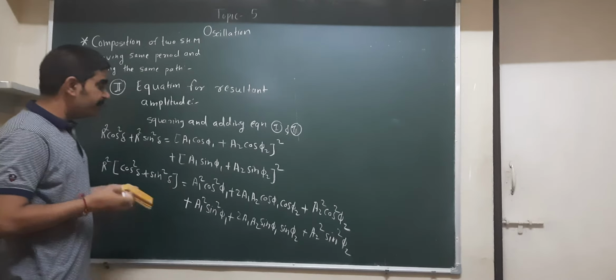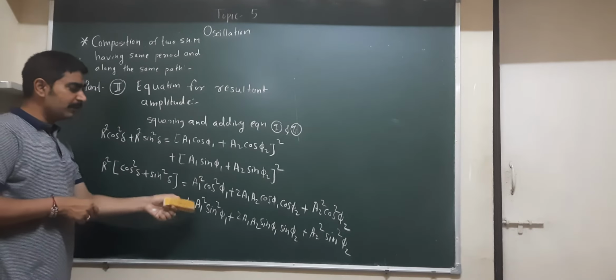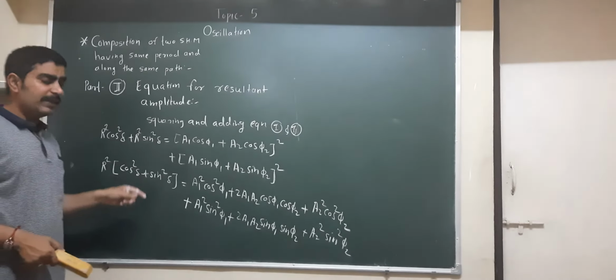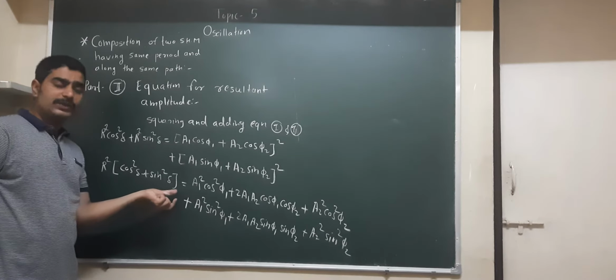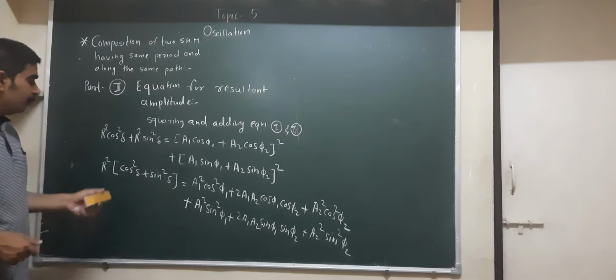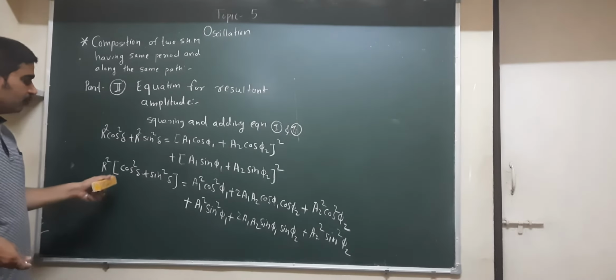Friends, purposefully I have written these steps one below the other so that it is very convenient for us to take out the common terms. Now we know that sin square theta plus cos square theta is equal to 1.